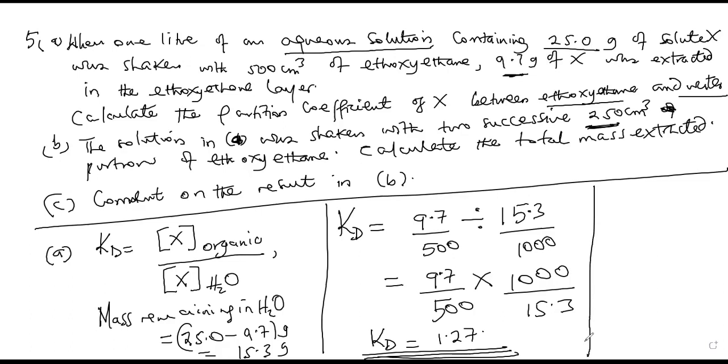If I let the mass extracted by the first 250 cubic centimeter portion be Y, or Y1, then the mass that remains in the aqueous layer will be 25 minus Y. You first carry that out, then you do it twice. After using 500 at once, they got 9.7. So what about when you use 250, 250? What will you get? If the answer is not above this, you have made a mistake. So it has to be beyond this.